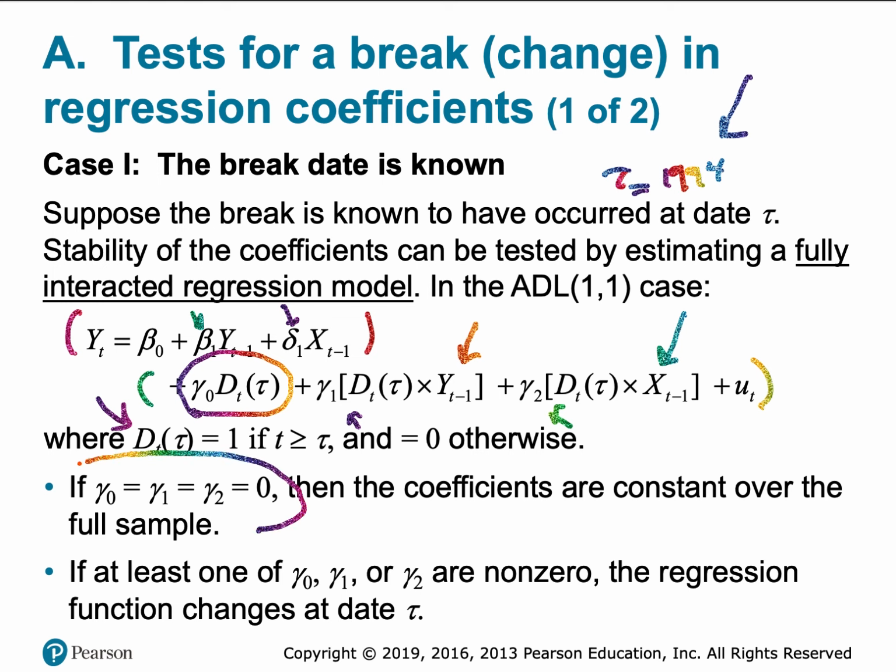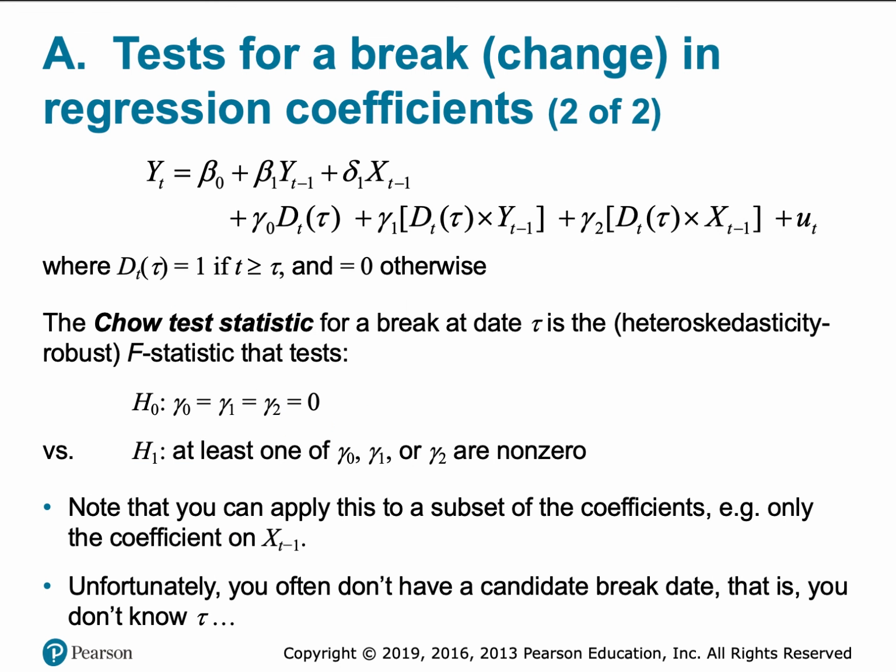And this test, you should have some intuition telling you, oh, I know how to test that. Folks, that's a big ol' F test. If at least one of gamma 0, gamma 1, gamma 2 are non-zero, then the regression function changes at date tau, because after 1994 there is some increment, gamma 1, that adds to the beta 1. All right, so let's continue this discussion.